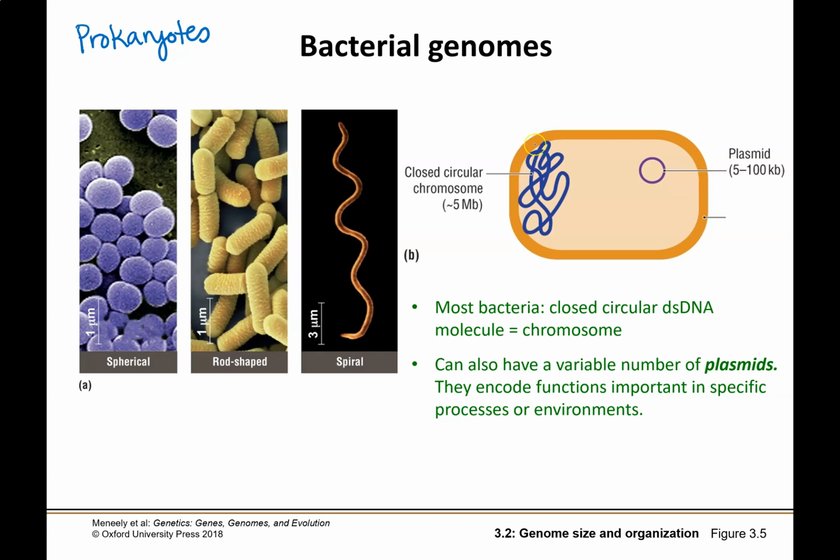So the scribble here is actually a large circular piece of DNA, and that contains most of the genetic information for the organism. It contains all of the required information for that organism to live and to grow.